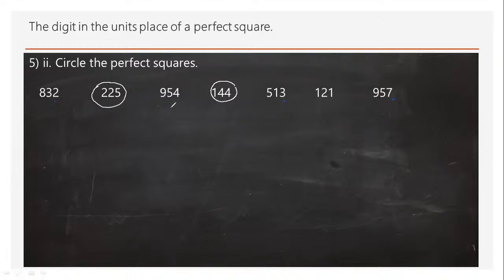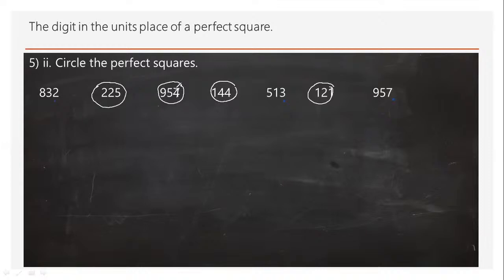144, 954. 4 is here, right? And 121. These are the perfect square numbers we can see here. Here there is a small problem.